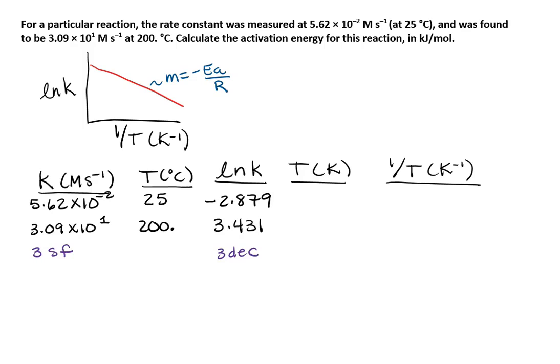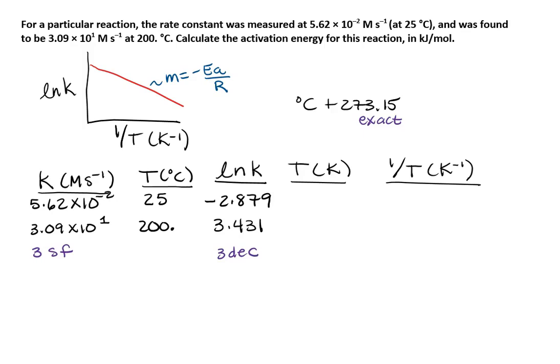Converting the temperature to Kelvin, just as a reminder, is degrees Celsius plus 273.15. That conversion is exact. So the sig figs are going to be based on whatever number of places you had for the original degrees Celsius.